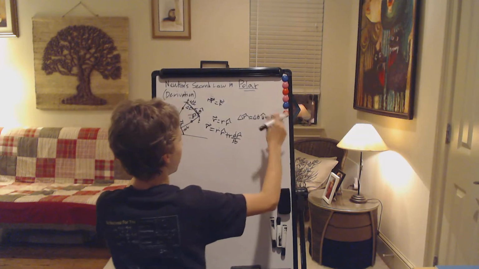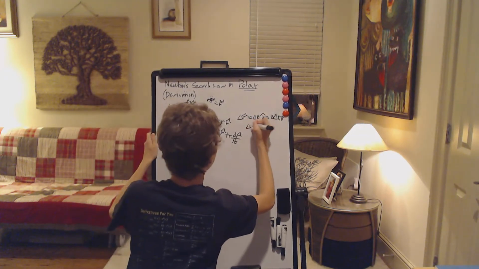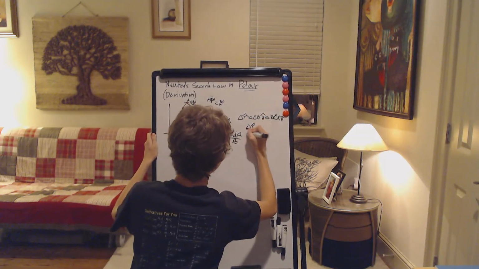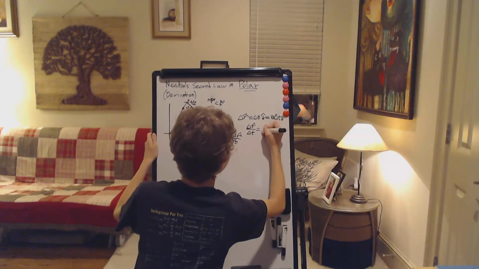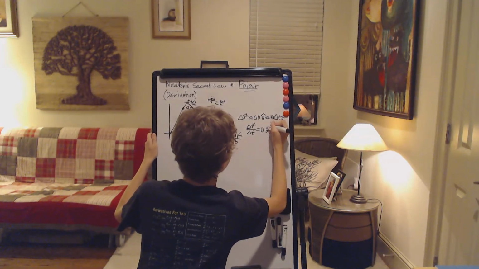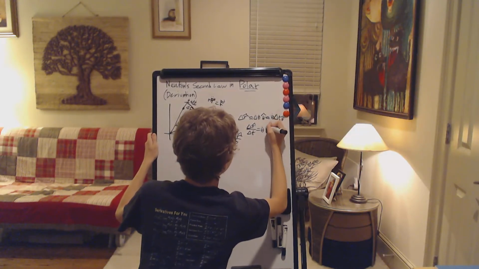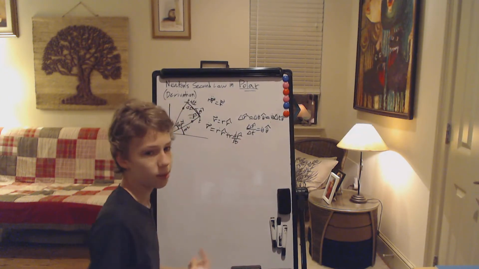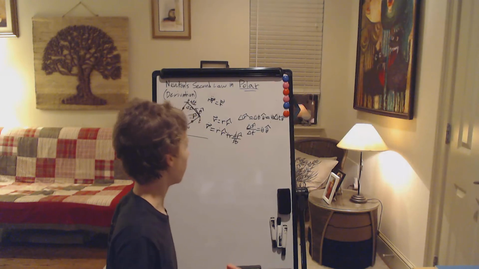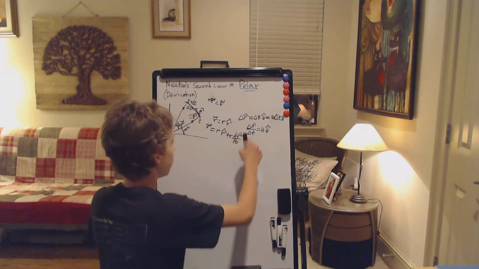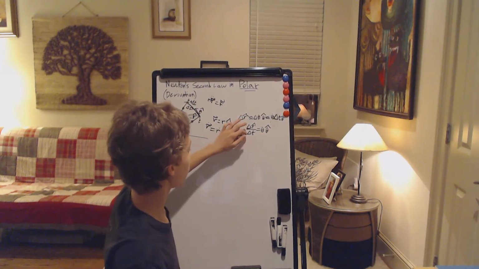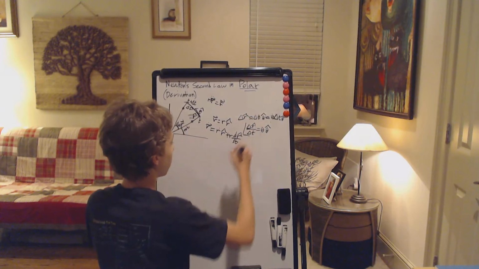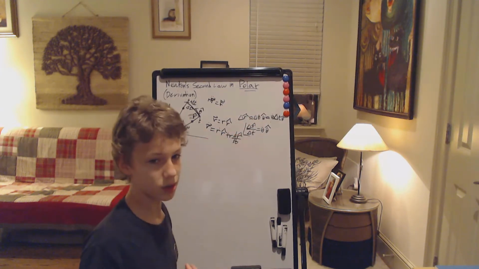But then when we divide both sides by delta t, we get that delta r hat over delta t is equal to theta dot theta hat. Okay, let's take the limit as delta t goes to 0 on both sides. Notice that the definition of a derivative is literally this entire thing as delta t goes to 0.